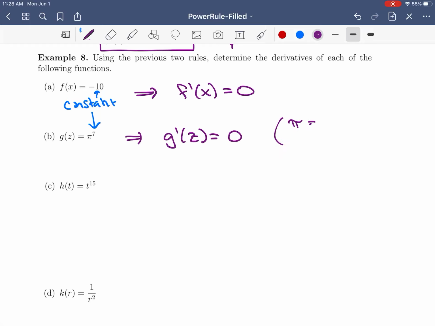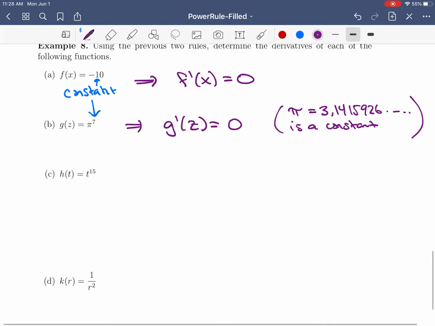So pi is just 3.1415926, etc., etc. It's a number. So when you raise it to the power 7, it's also just a number. So those both have derivative 0 by the constant rule.